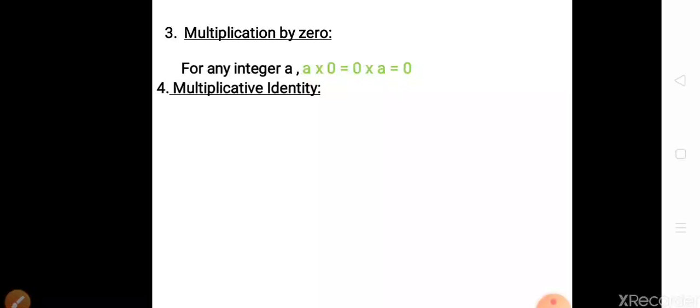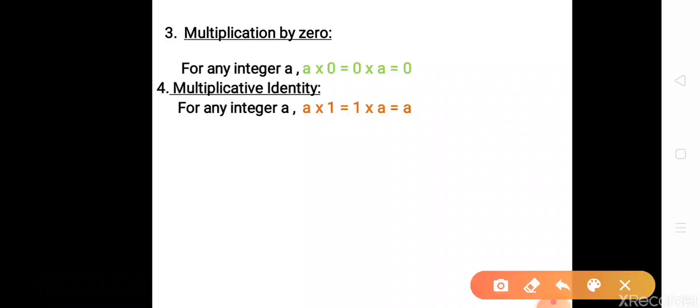It is a number, or say a digit, which when multiplied to any integer, the product is always the integer itself. So can you guess what that number can be? Very simple. That number will be 1. 1 is going to be the multiplicative identity for any integer, right?